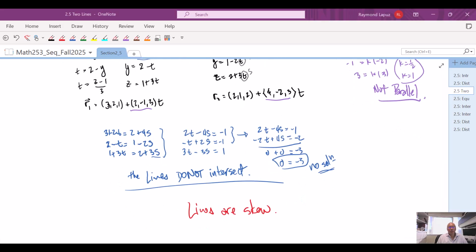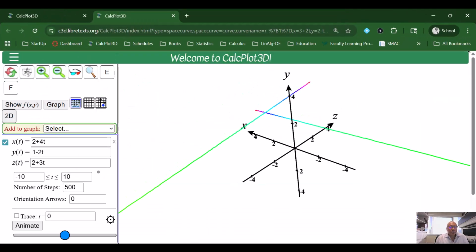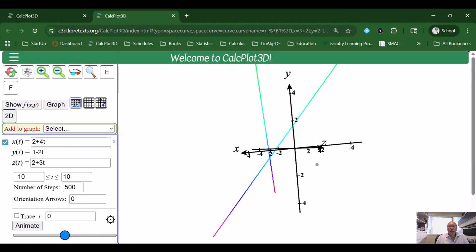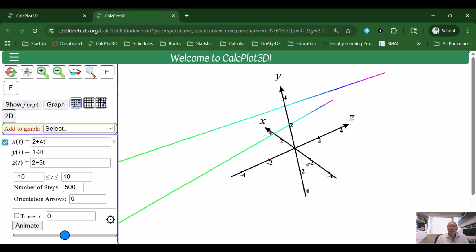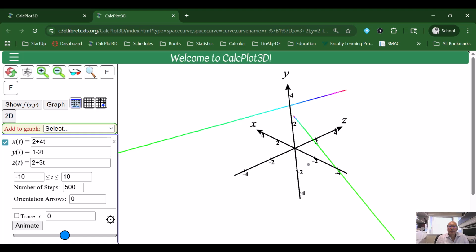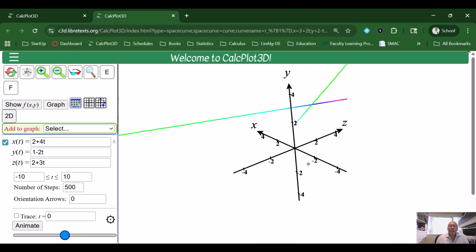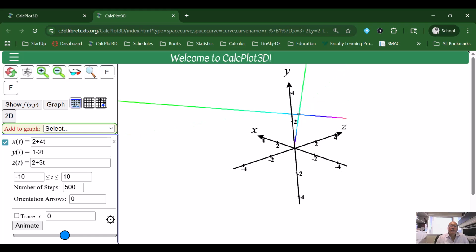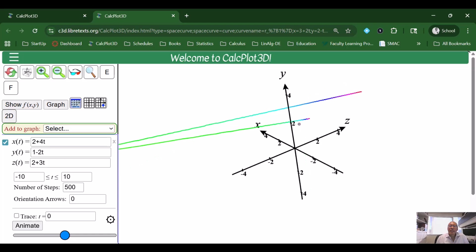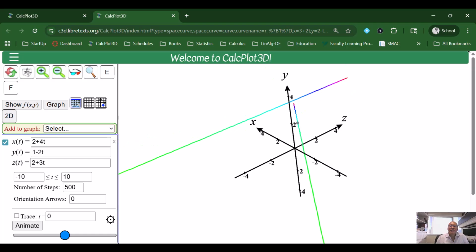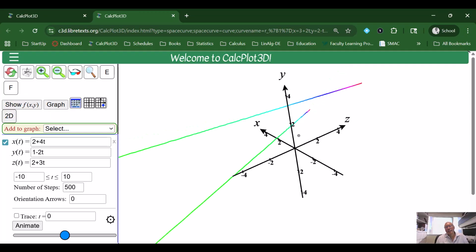So this is the work that was done. Let's take a look at the graph. I have these two graphs, and there are angles that you can look at where you can see that they clearly don't intersect. If you look at it one way, it looks like they intersect at a point, but if you look at it in this way, it doesn't look like they intersect.